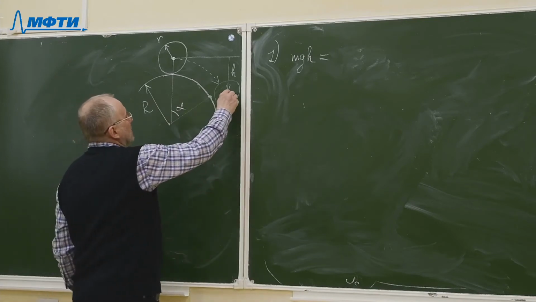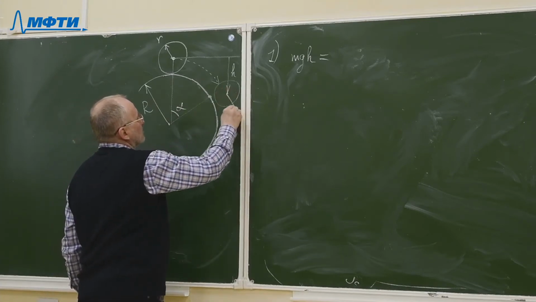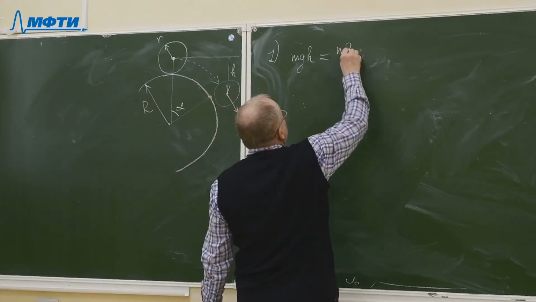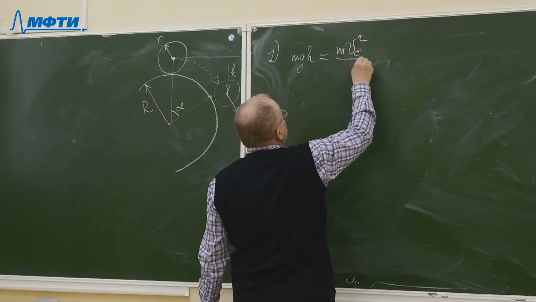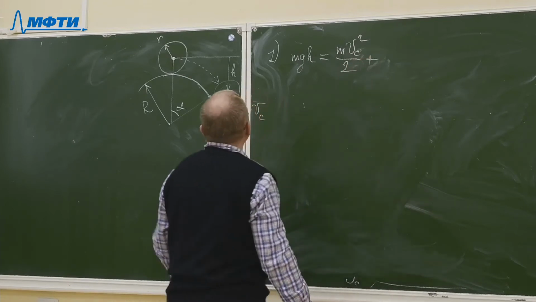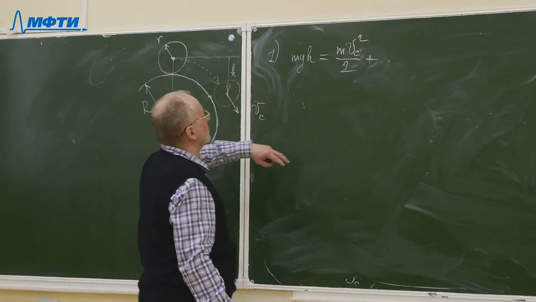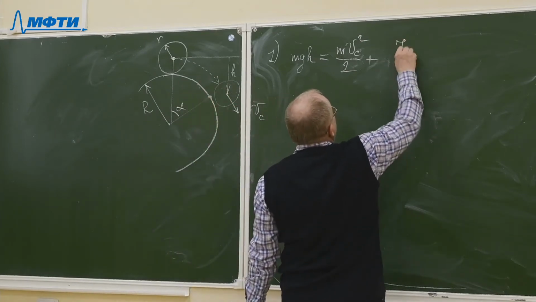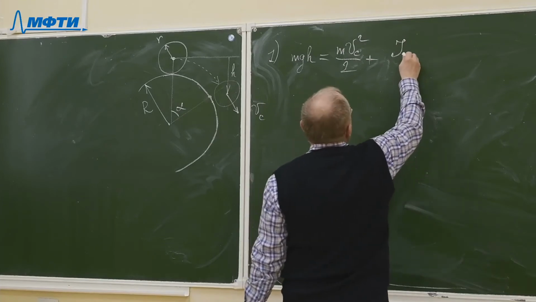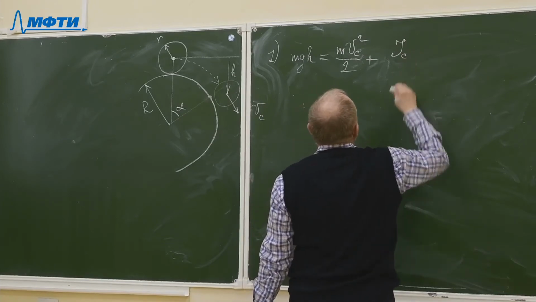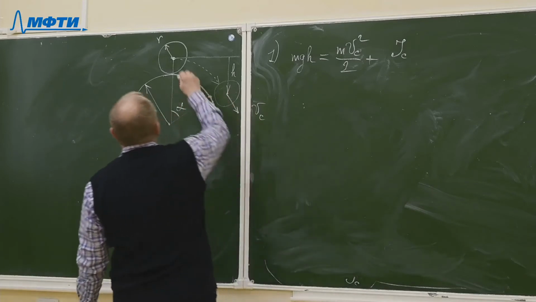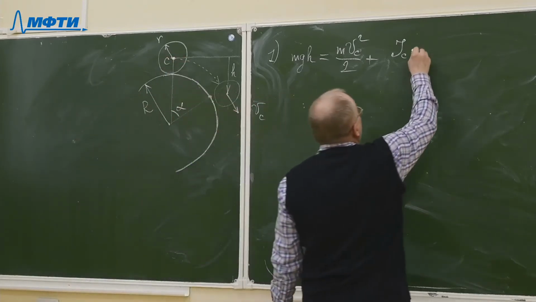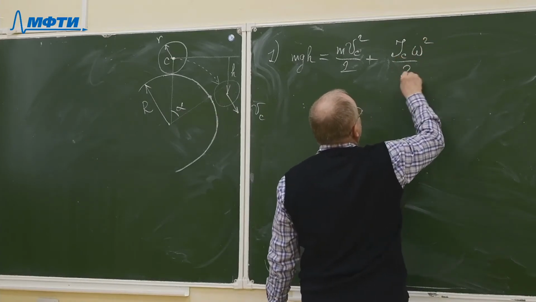First will be the kinetic energy of the motion of the center of mass, that is, the mass of the sphere times the center of mass velocity squared over 2. And also the sphere will not only move translationally, but it will rotate, and it will have some rotational kinetic energy, which will be calculated as the moment of inertia of the sphere with respect to the center of mass, point C, times omega squared over 2.